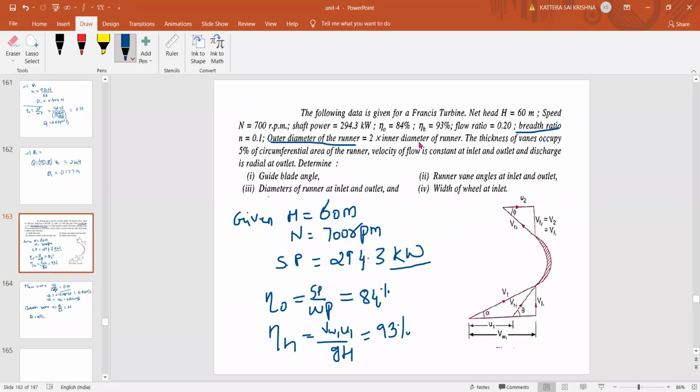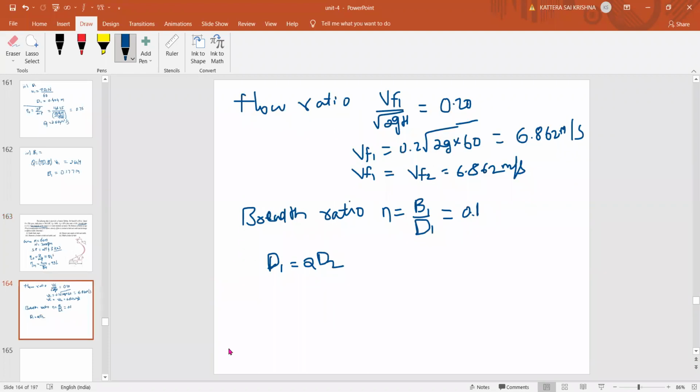And one more thing he has given is the thickness of the vane occupies 5% of the circumference area of the runner. So every time when you take area, we are taking 100% of area. But just pi into D into B, if you take, it is 100% area. But here 5% is lost because of the thickness of the blades or vanes.